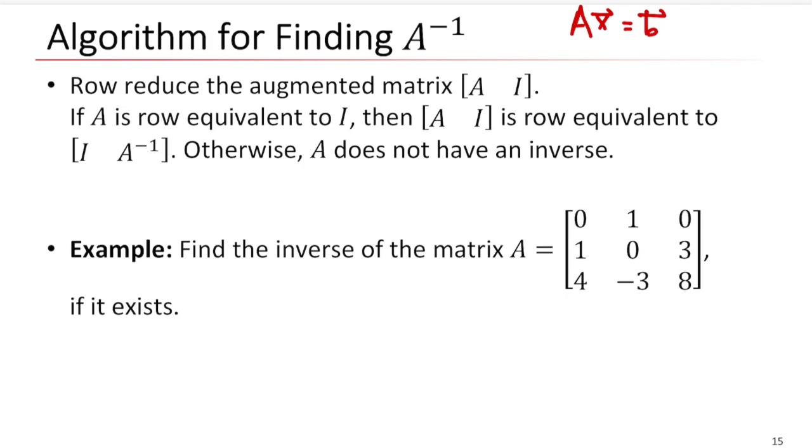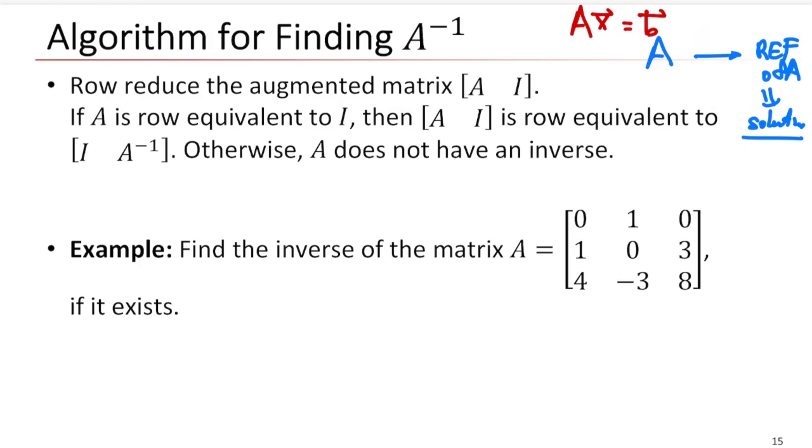To find the solution, in the previous section, we used the row reduction algorithm to reduce some arbitrary matrix A into the REF form, or RREF, and then we found the solution from the REF form, right?